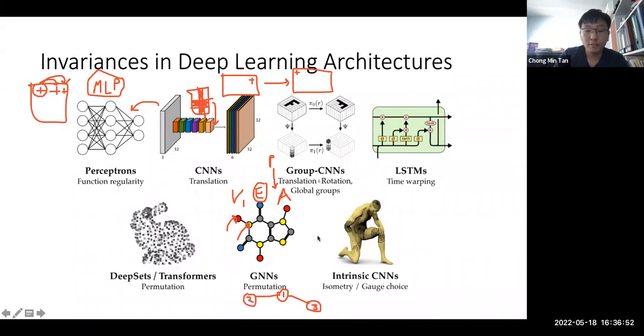If I change my order of my nodes, so node 1 is linked to node 3 on the left and node 2 on the right, because it's permutation invariant, these two structures are called isomorphic. Basically, you can transform from one to another, and that's why it's called permutation invariant. You can change the ordering of your nodes while preserving the connection structure, and it will still be interpreted in the same way.